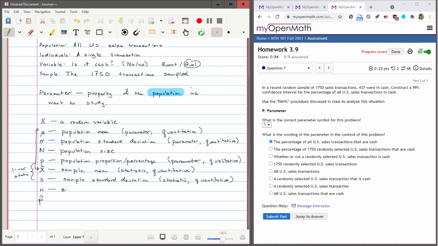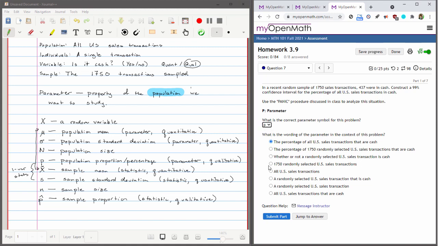And then n is the sample size. And p-hat, P with a hat over it, is the sample proportion. That's a statistic for qualitative data. Okay, that's way more information than you need to answer this question, but I want to tell you what all this stuff in this menu is.